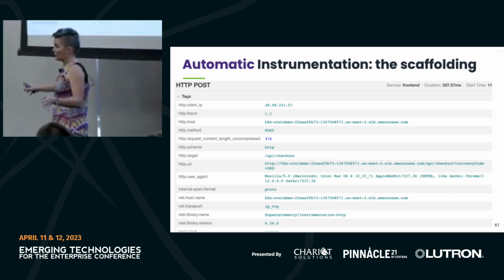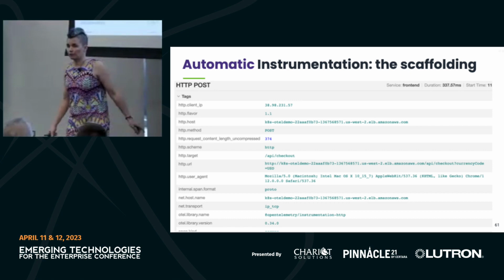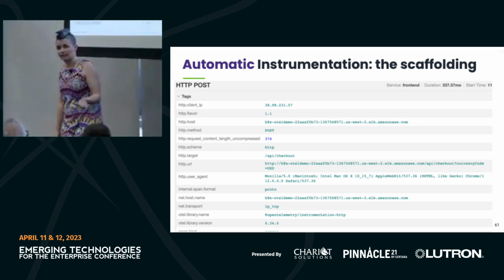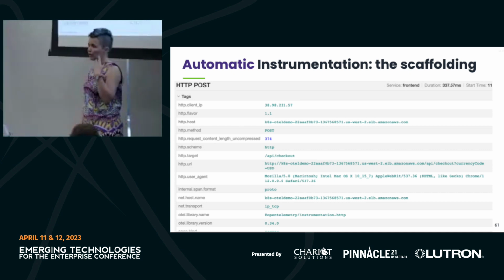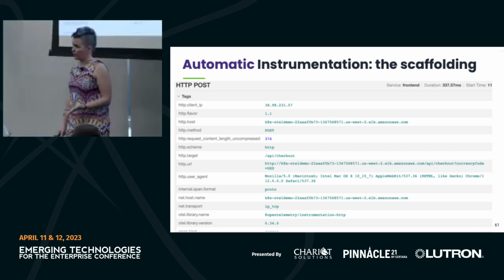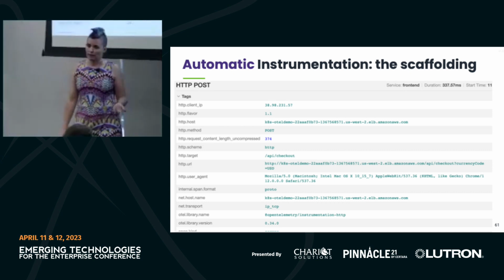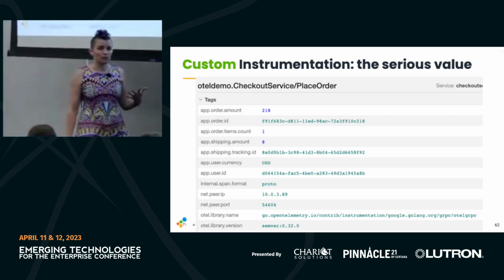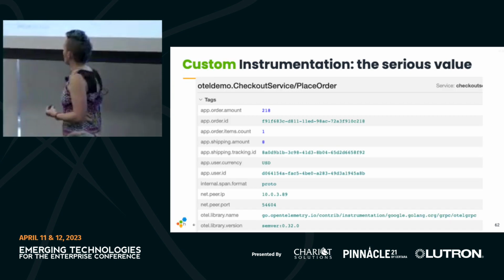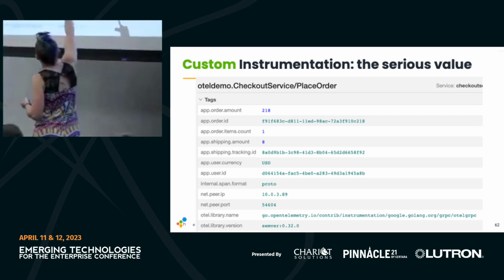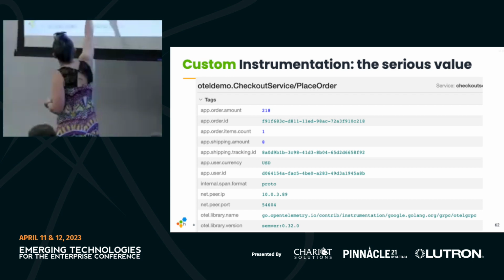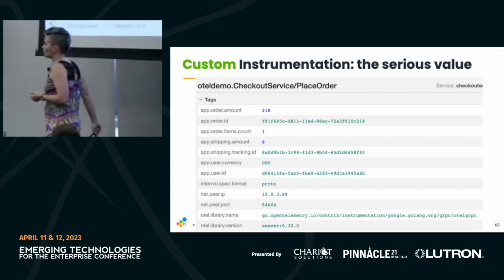You do not get all the headers, and you never get the body of the request because that could contain sensitive data. So when you want stuff out of your headers or out of the body of the request, you need to put that in yourself in custom attributes. And custom attributes are really what makes this pop. So that's where you get the app.order amount and the order ID and the tracking ID and the currency and the user.